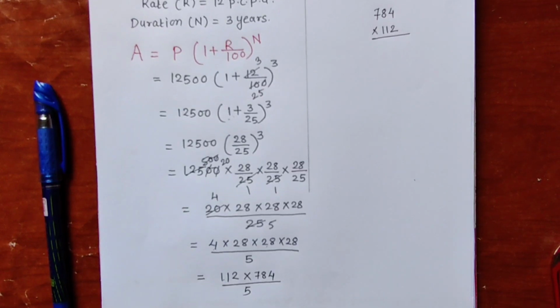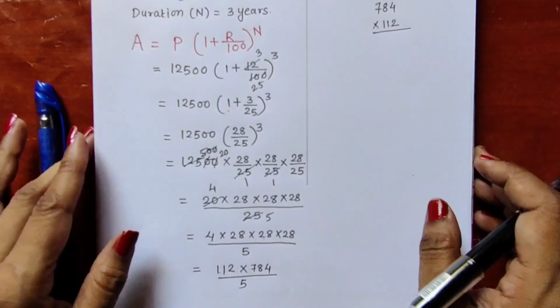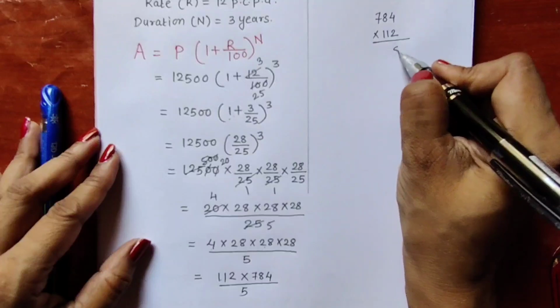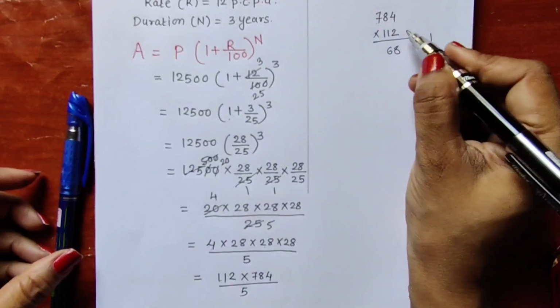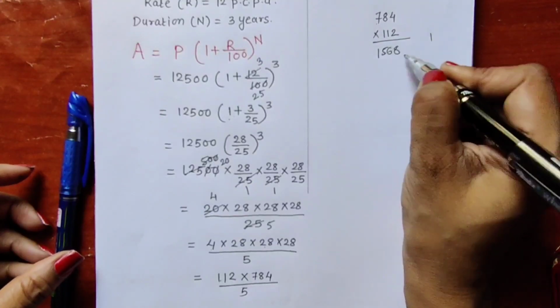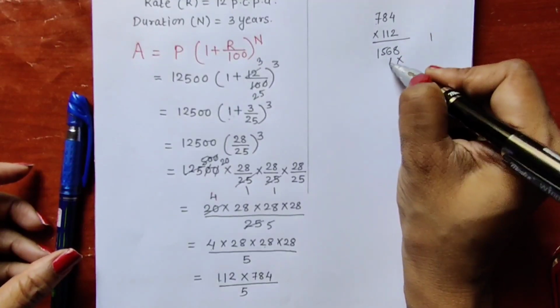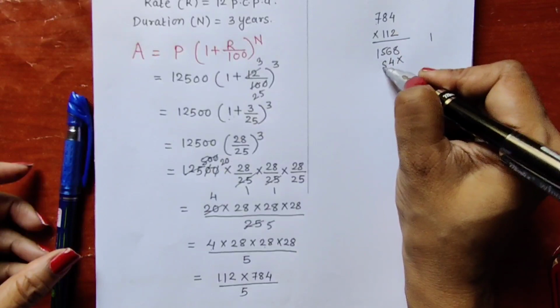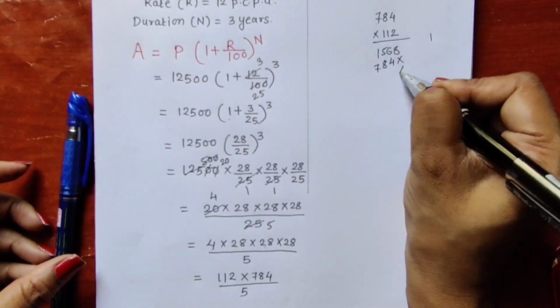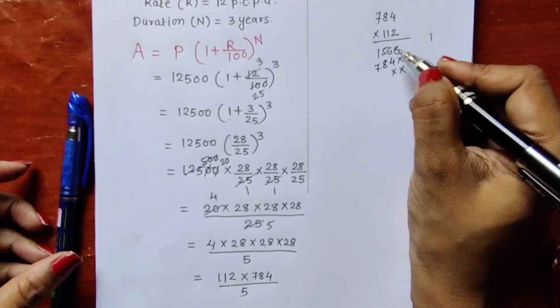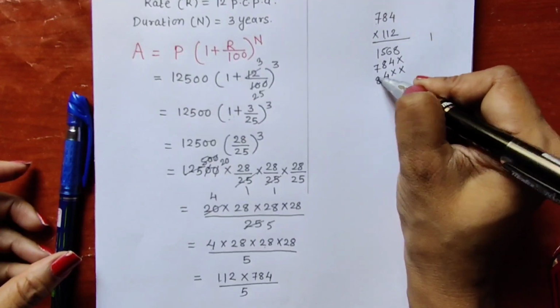So multiply. 2 4s are 8, 2 8s are 16, 1 carrying, 2 7s are 14, 14 plus 1 15. Then we have to multiply by 1, that means we are getting the same numbers, 4 8 7. Again we have to multiply by 1, so we will be getting the same numbers.